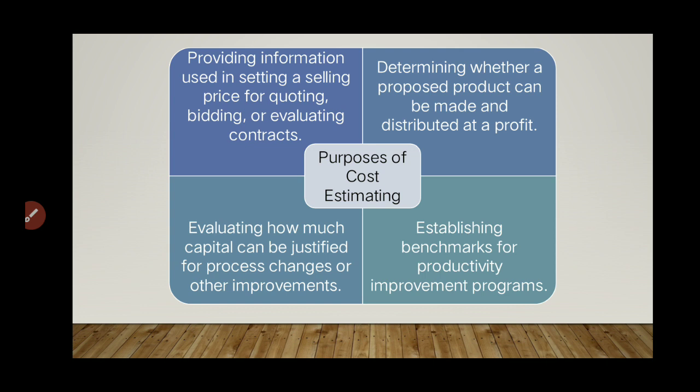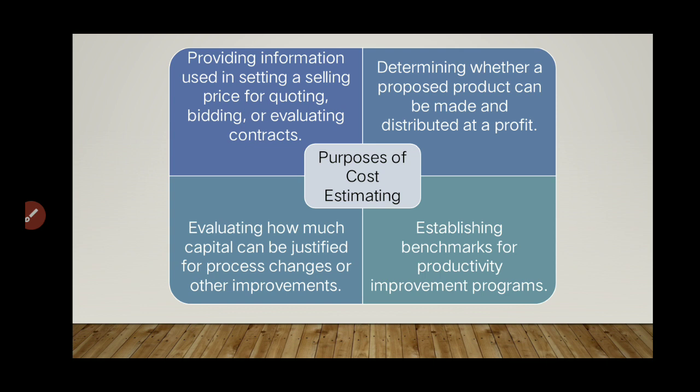Last, we have establishing benchmarks for productivity improvement programs. Di ba yung benchmark is yung mga steps in the past na nalaman mo kung ilan yung nagastos namin sa process na to.